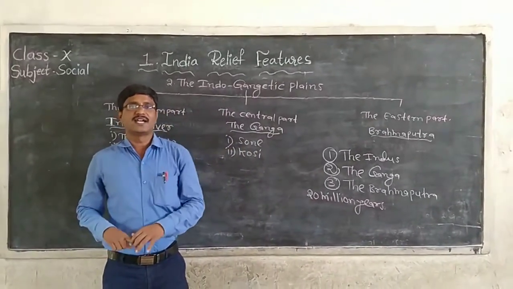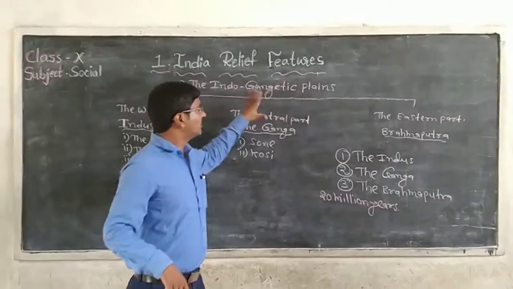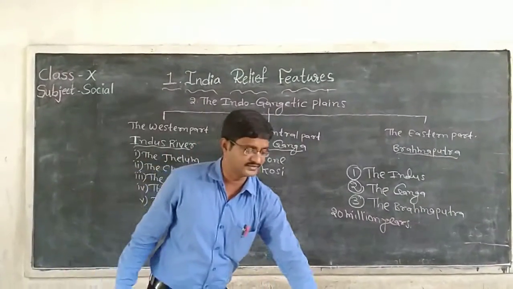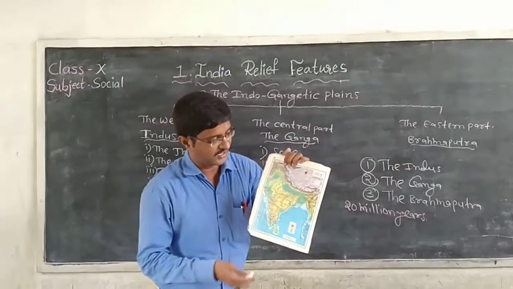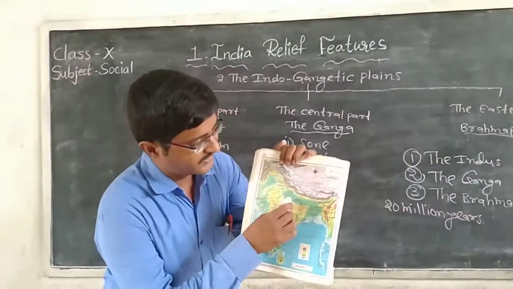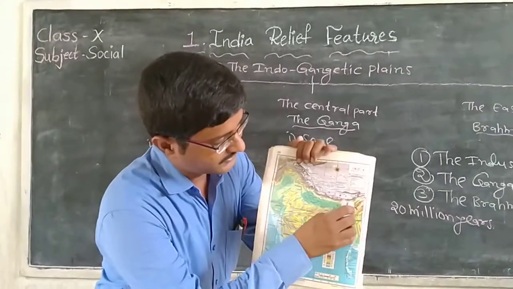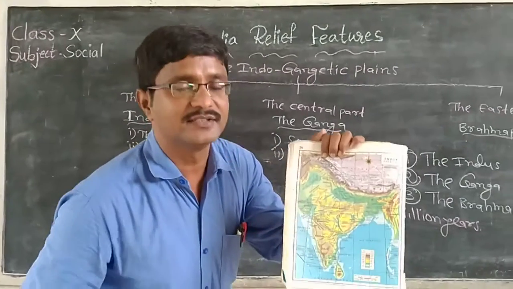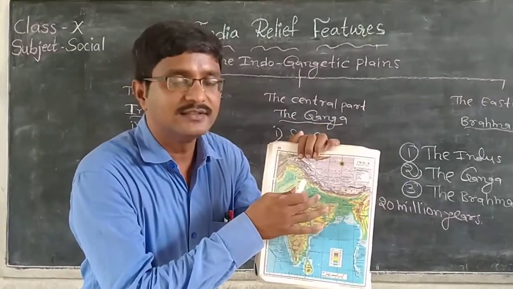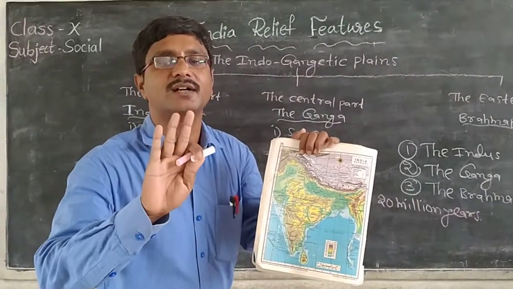So this Indo-Gangetic plains region was classified into three types. Already we know this one, this green color region, this is called Indo-Gangetic plain, right? It is classified into three parts.